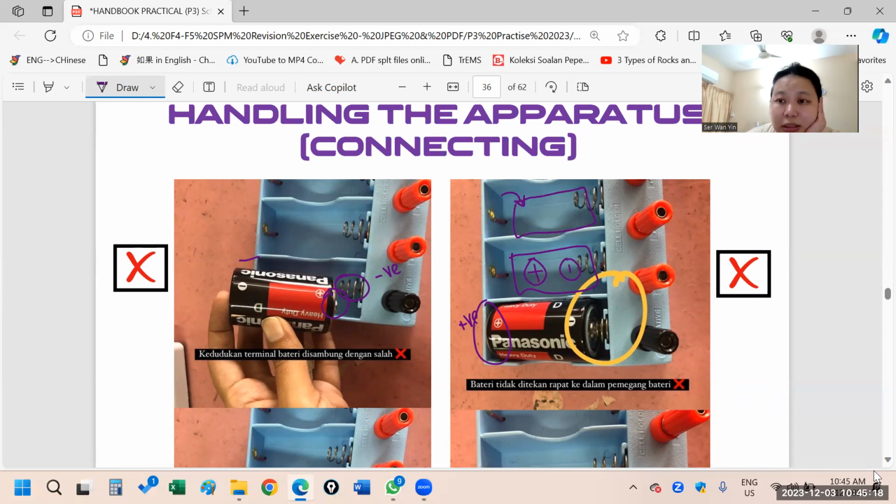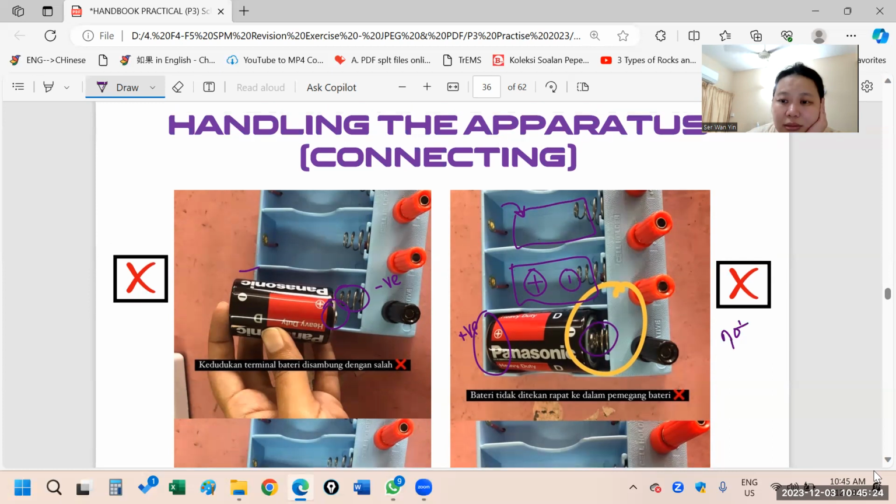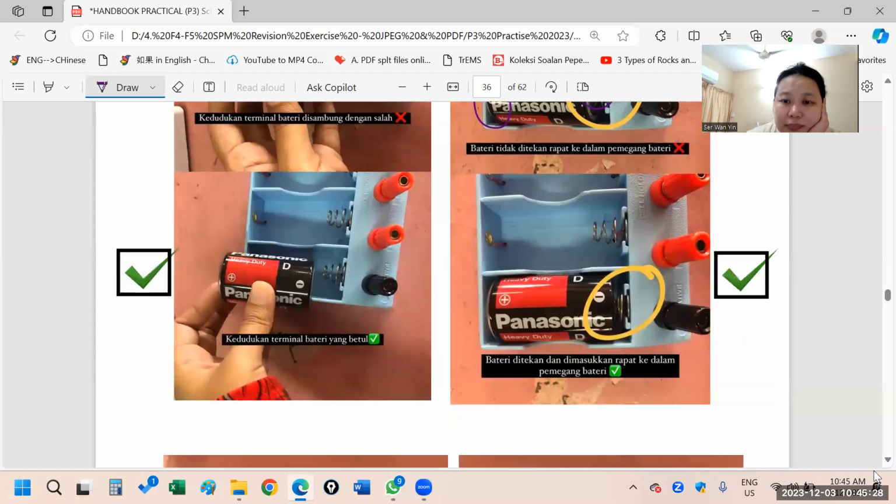Okay, then like this also cannot, this is not tight. Cross means not tight. Make sure you make it tight. And sometimes when you put it in, you will not notice the spring does not have good elastic potential energy, so it will not come back.